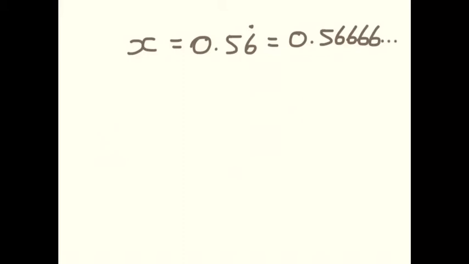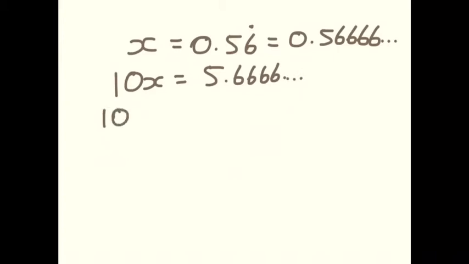For the next one, 0.56 recurring. Now in this one, the 5 stays there, and it's just the 6's that are repeating. So now if I do 10x, this is going to give me 5.666 and so on. Different decimal part. If I do 100x, I'm going to get 56.6666 and so on.